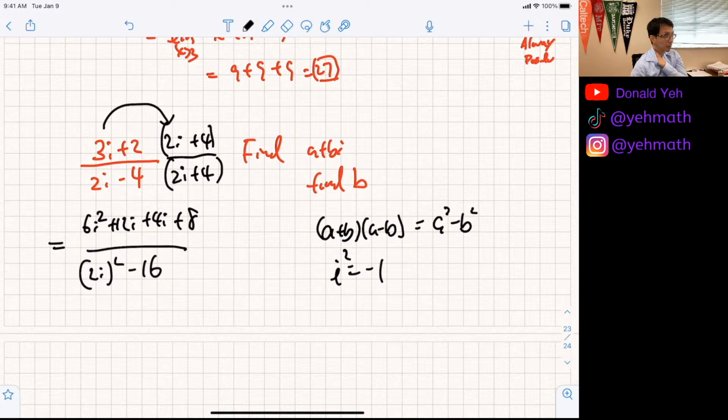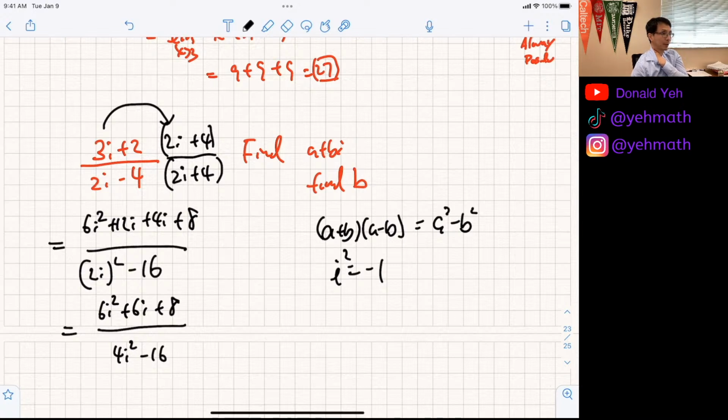Any questions so far? On the bottom, it's going to be 4i squared minus 16. And this is going to be 6i squared plus 6i plus 8.